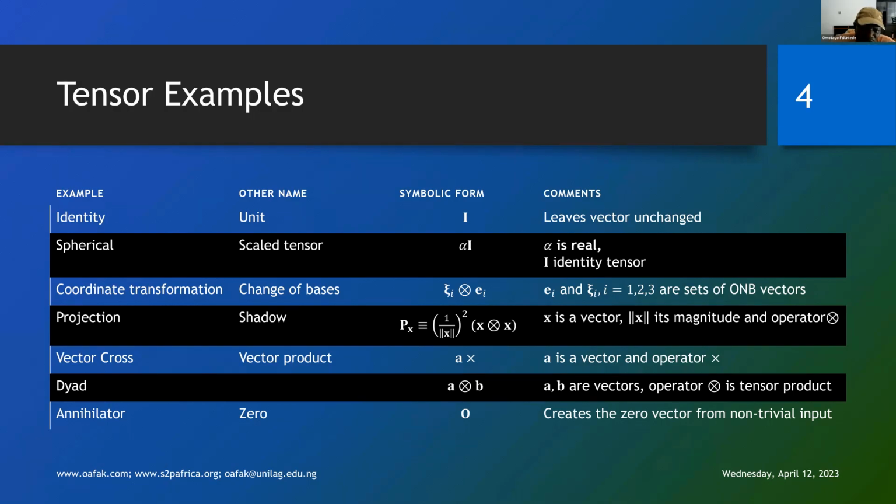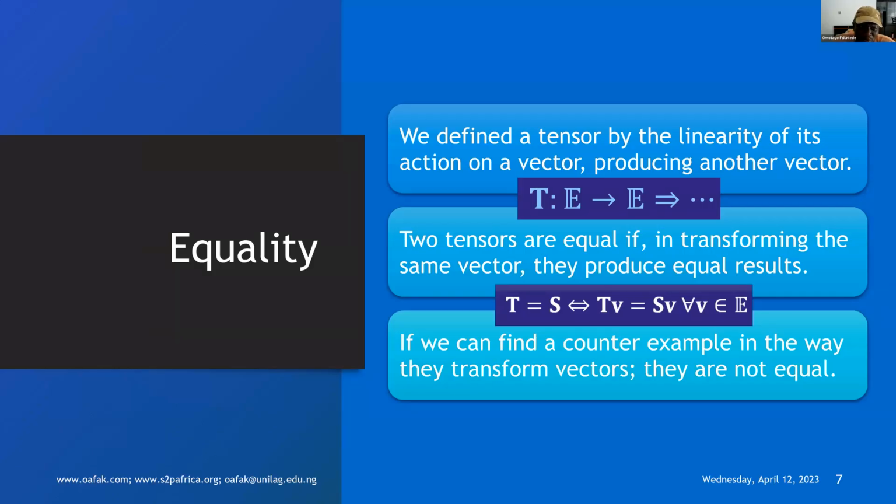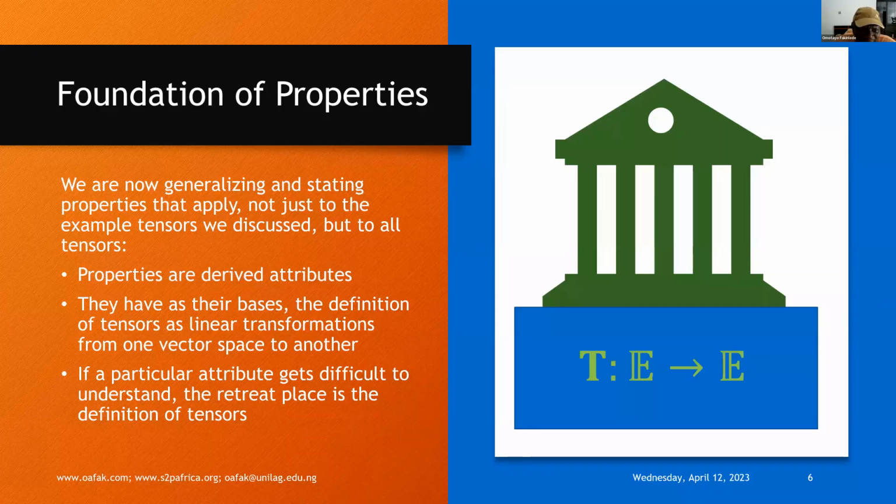We went through to explain that, and we established the fact that the properties of tensors that we are concerned about are rooted on the way they operate on vectors. So that is the foundation of it.